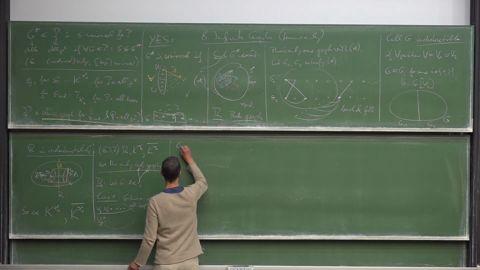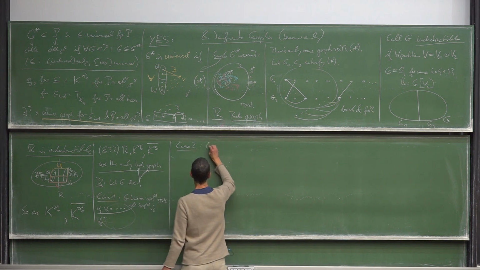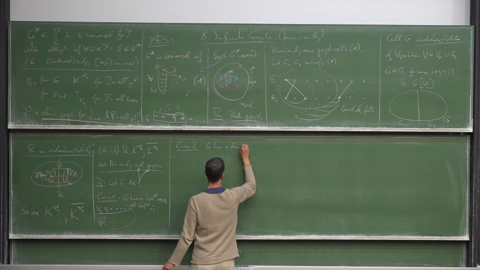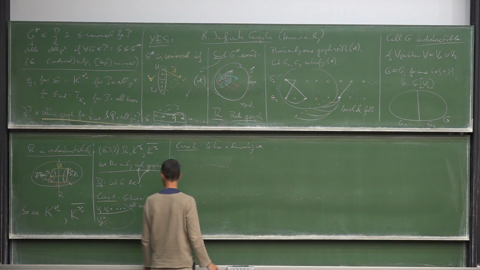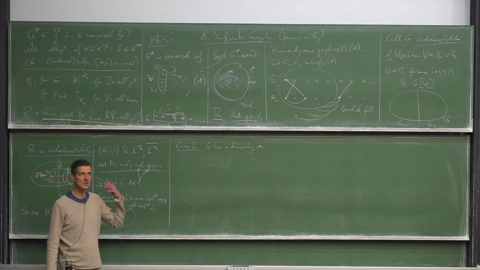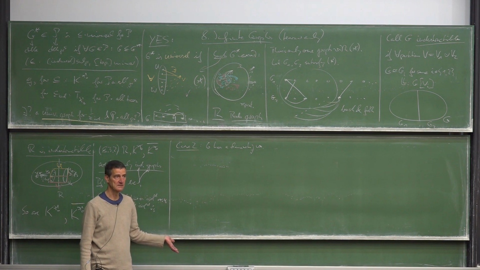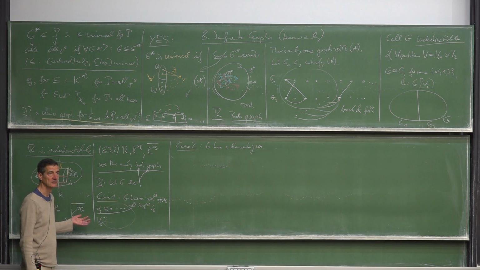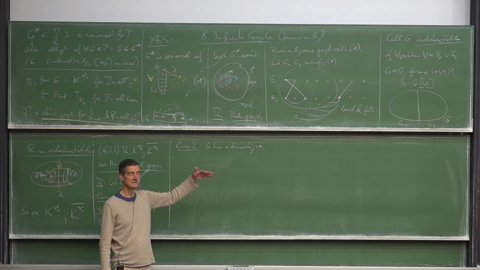Case 2. G has a dominating vertex. That's the opposite of isolated. So a vertex is dominating if it sends edges to all the other vertices. Okay, same proof. Class 1 is the set of all dominating vertices.